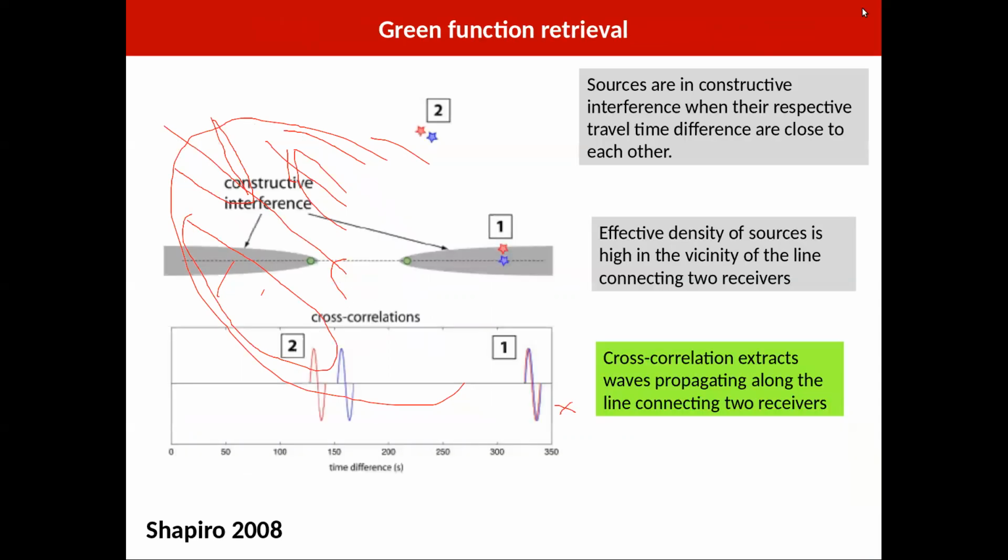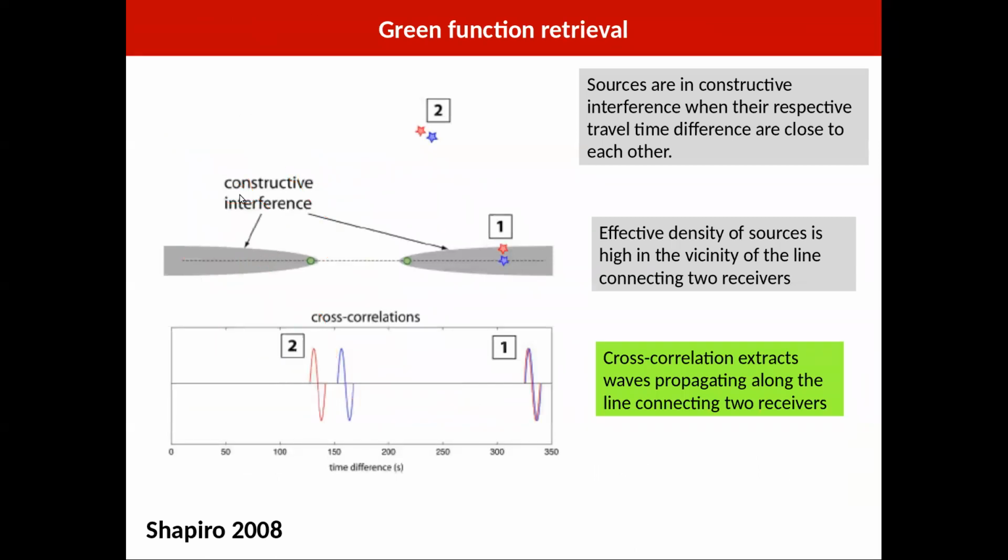So then the most constructive interference is coming from just the sources that are in some region around the horizontal line connecting the two stations. And the sources that are at some angle will cause a destructive interference, and then they will cancel out.